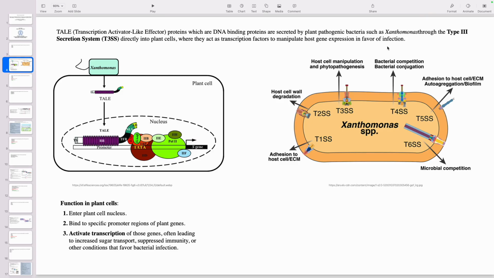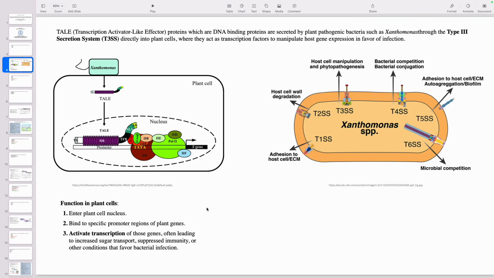This is secreted by one of the bacteria, Xanthomonas, which infects the rice plant. Once it infects the rice plant, this TAL protein directly goes into the nucleus of the plant cell, where it binds to the promoter sequence, which leads to the control of their transcription and translation machinery.